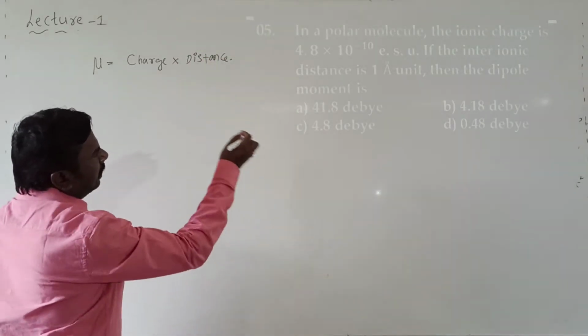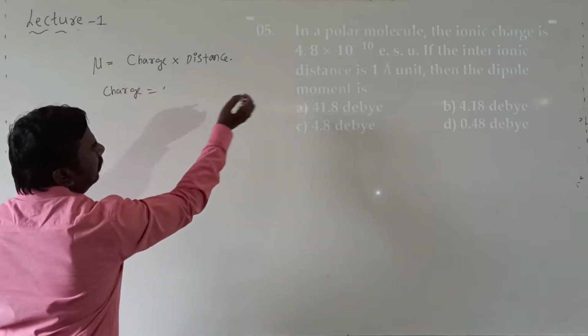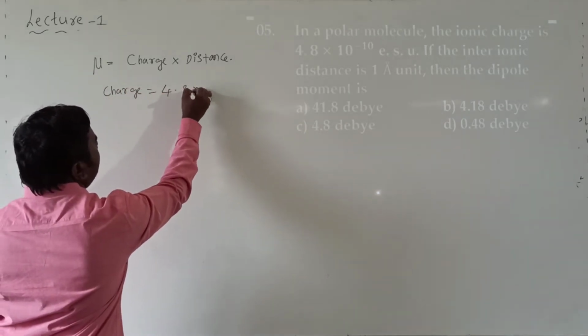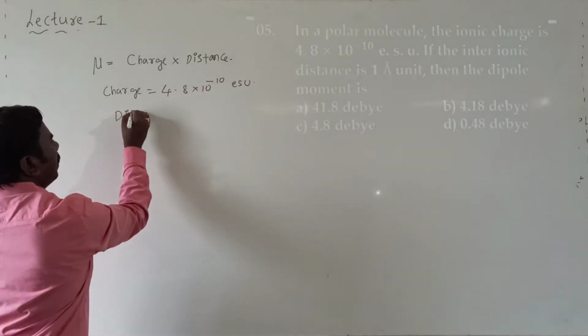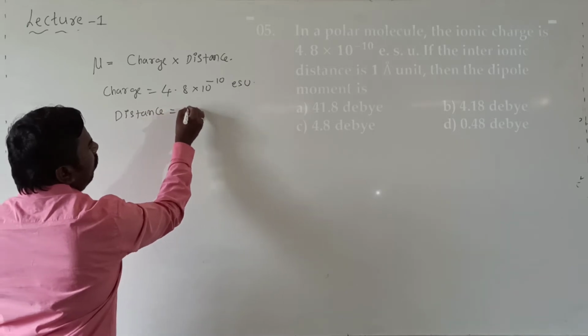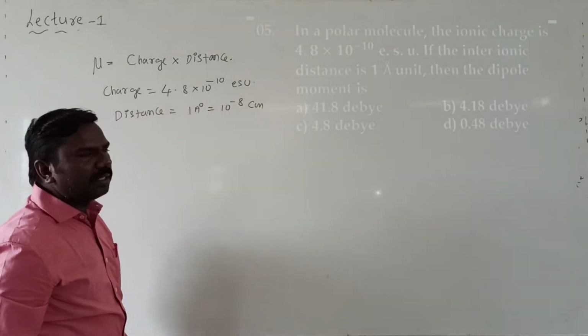Charge, what is given? Charge is 4.8 into 10 to the power of minus 10 ESU. Distance is 1 angstrom unit, which is equal to 10 to the power of minus 8 centimeters.